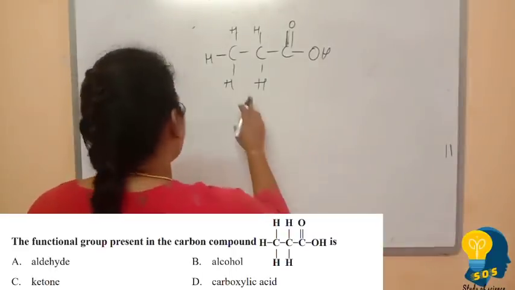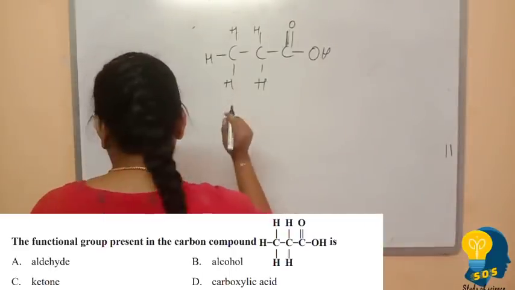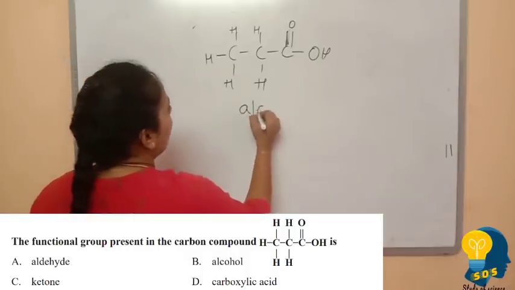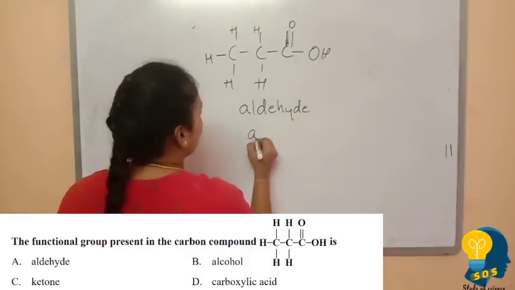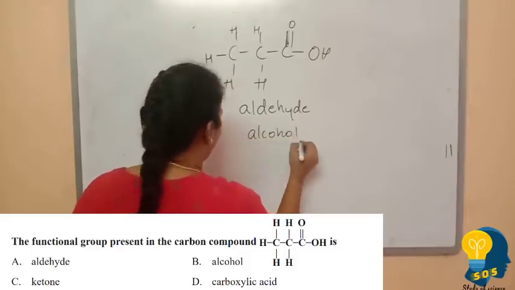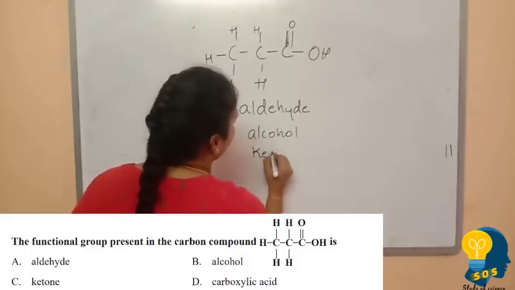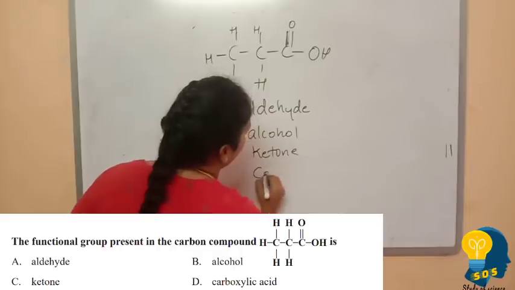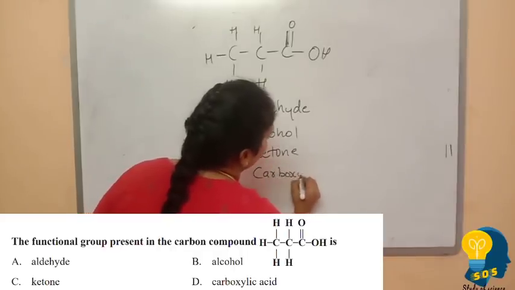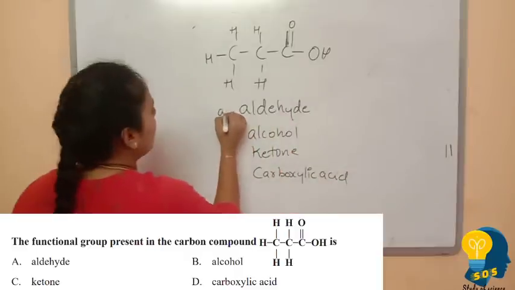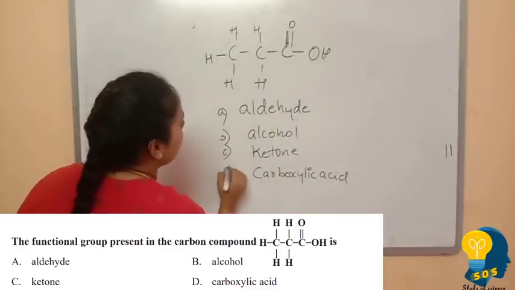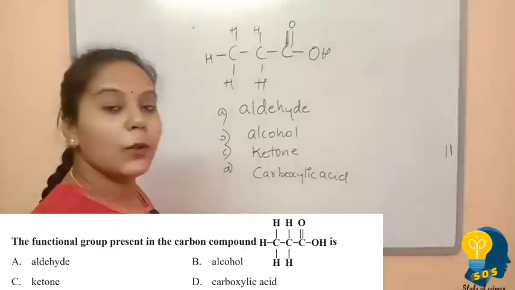So the question is the functional group present in this. And the options are aldehyde, alcohol, ketone and carboxylic acid. These are the options they have given, option A, B, C and D. So which is the functional group found in this?